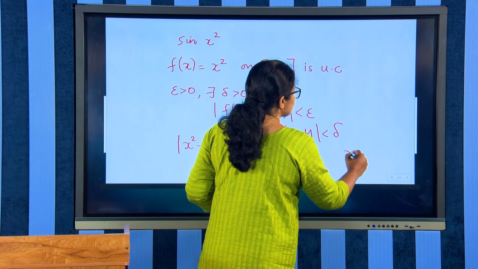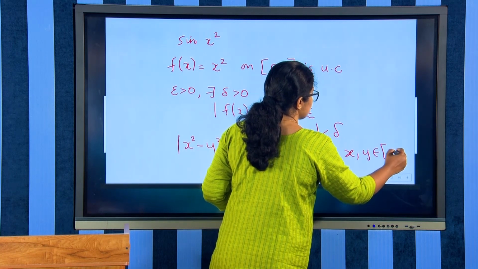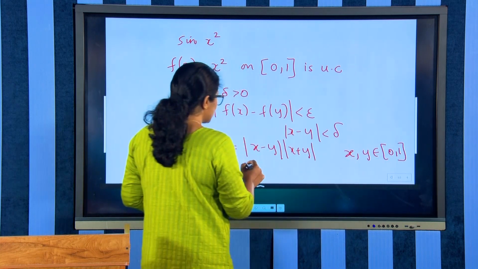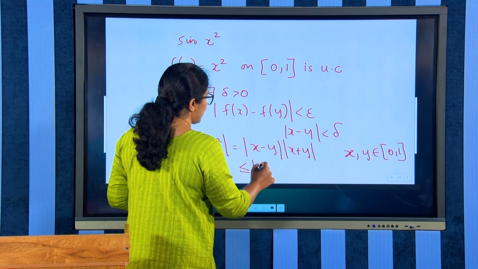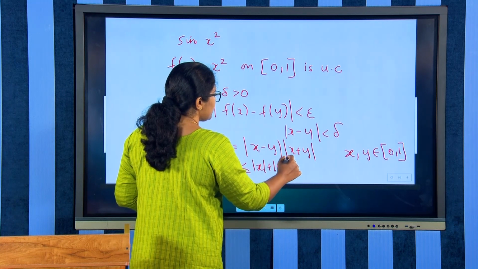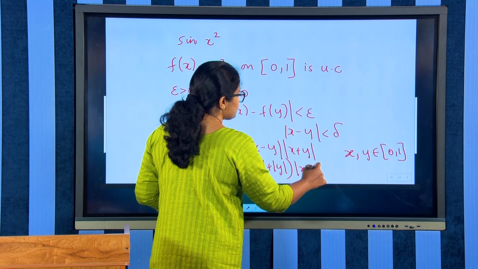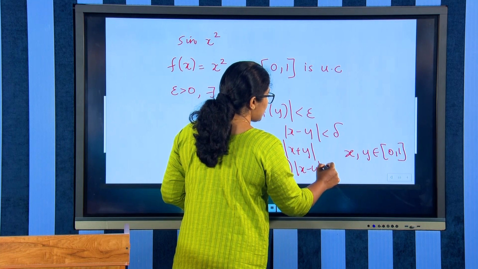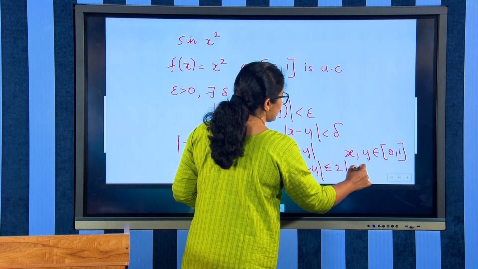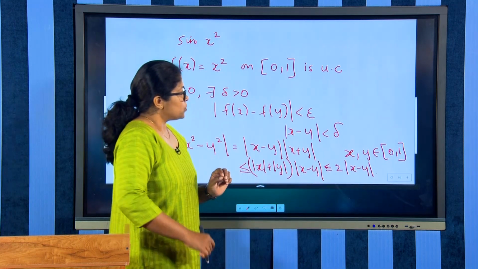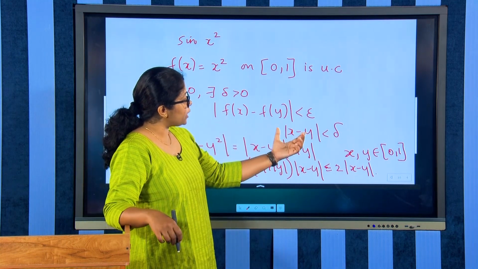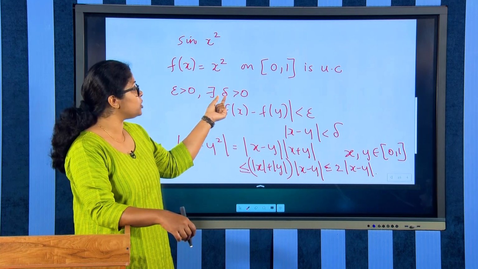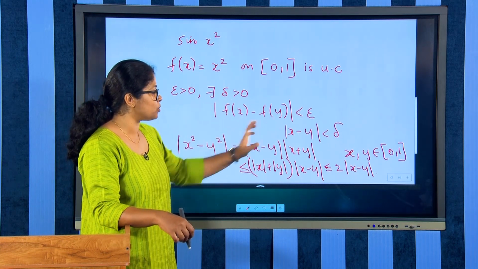So definitely x and y belong to the closed interval 0 1. So x and y are both less than or equal to 1. So applying the triangle inequality, we get mod x plus mod y into modulus of x minus y, and that is less than or equal to twice modulus of x minus y. So we have to satisfy the condition that given epsilon greater than 0, definitely there exists a delta which depends only on epsilon, for which this condition holds.